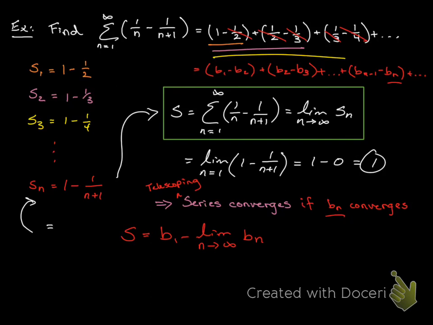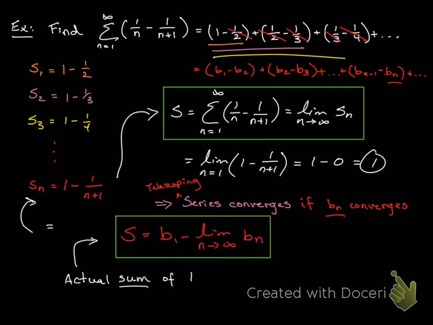So what we do is we look at the limit of bn, and if we get a value from that, then b1 minus that value is going to be the actual sum of the telescoping series. Okay. I'm going to do another example of these, thinking about it as a telescoping series. But we basically try to find this sequence of partial sums shortcut. We try to find this Sn, and then we take a limit.